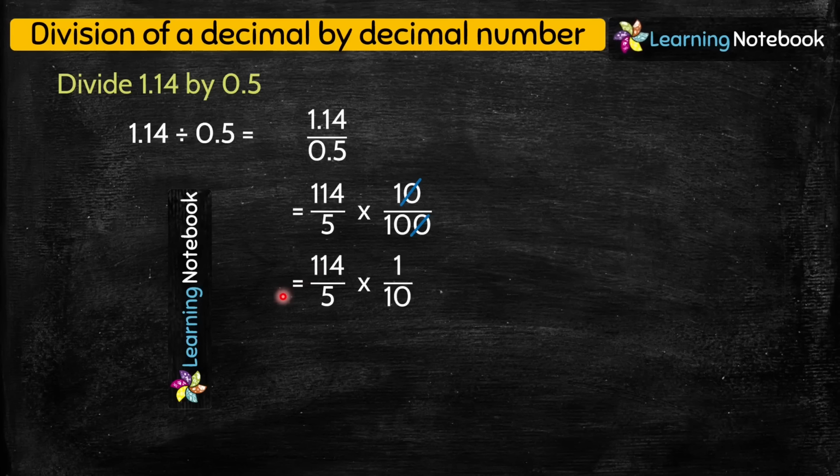So we get 114 by 5 into 1 by 10. Here students, we can divide both 114 and 10 by 2. But let's not do it because division by 10 is very easy. So let's divide 114 by 5.